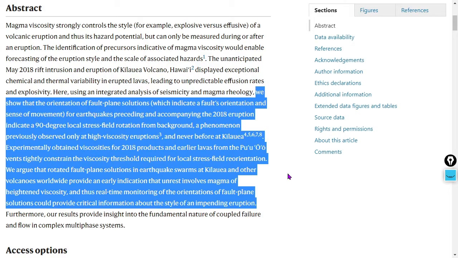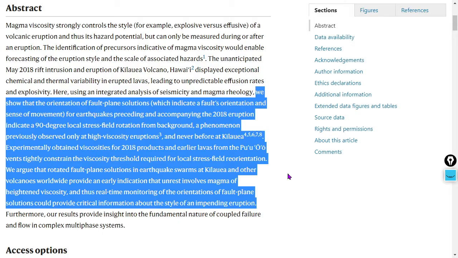Experimentally obtained viscosities for 2018 products and earlier lavas from the Pu'u'o'o vents tightly constrain the viscosity threshold required for local stress field reorientation. We argue that rotated fault plane solutions in earthquake swarms at Kilauea and other volcanoes provide an early indication that unrest involves magma of heightened viscosity, and thus real-time monitoring of the orientations of fault plane solutions could provide critical information about the style of an impending eruption.